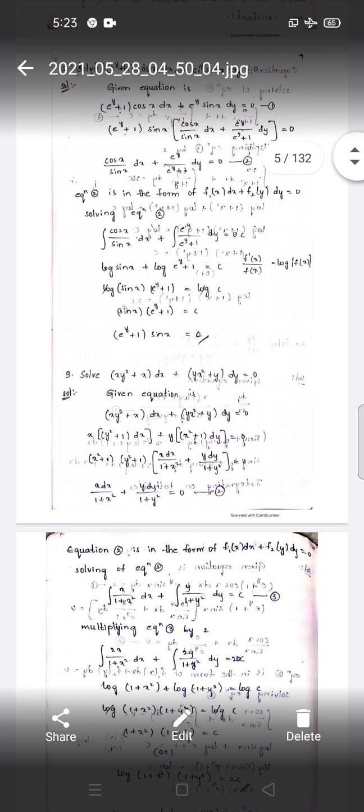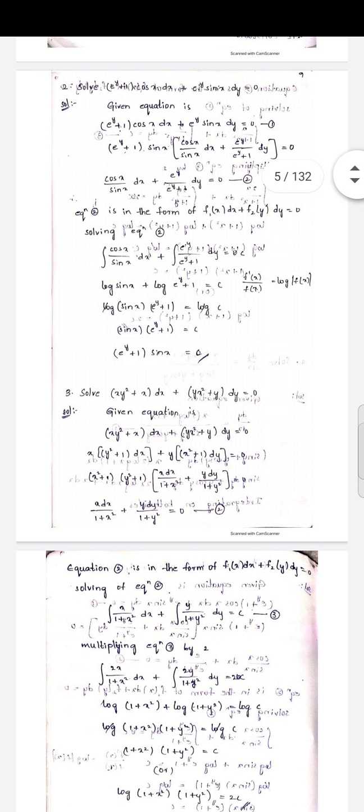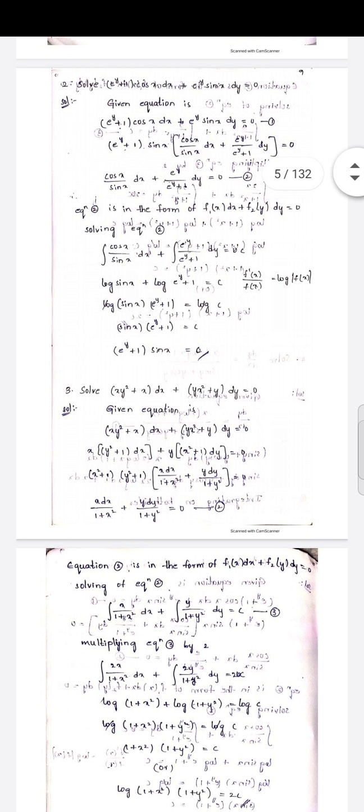First, one example problem: (e^y + 1) cos x dx + e^y sin x dy = 0. Here (e^y + 1) sin x is common, so taking it out, the remaining value is (cos x / sin x) dx + (e^y / (e^y + 1)) dy = 0.